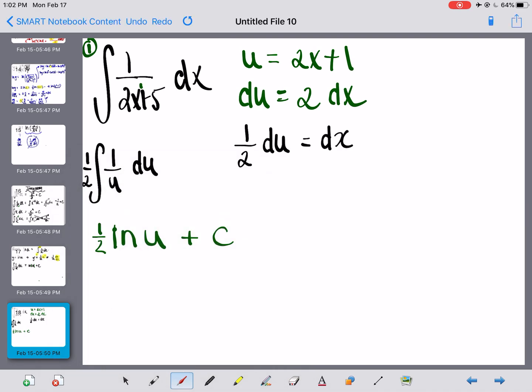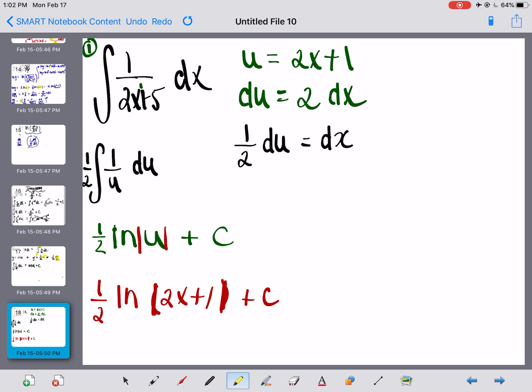Don't forget, you need absolute value bars around u. When you go back and plug your original function in, you're going to be left with 1/2 the natural log of 2x plus 1 plus c. And I'm just going to write those as absolute value bars, no parentheses.